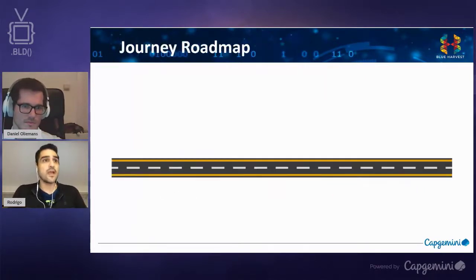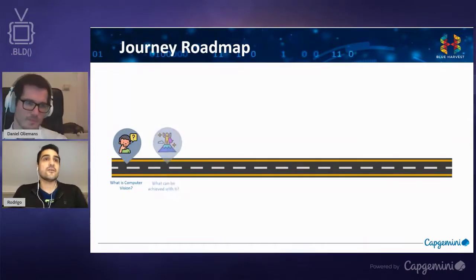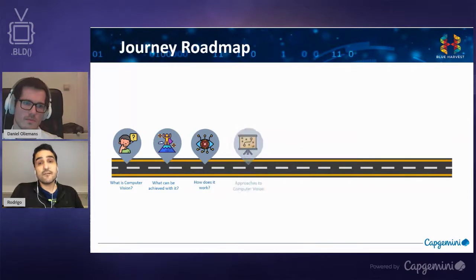So let's deep dive a little bit into our journey roadmap for the theoretical part of the presentation. We are going to start talking a little bit about what computer vision is, then what we can achieve with it, how it works in general terms, and what the current approaches to computer vision are.